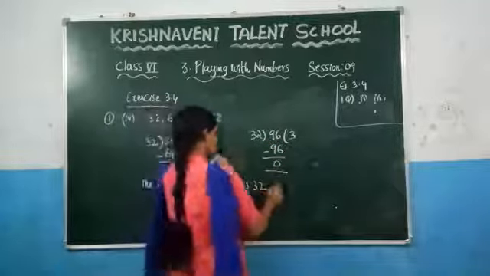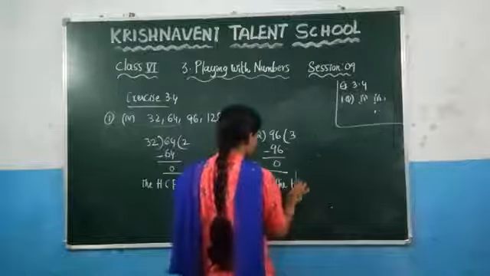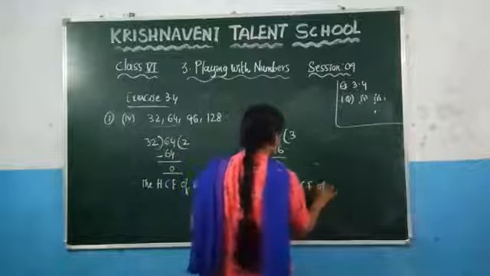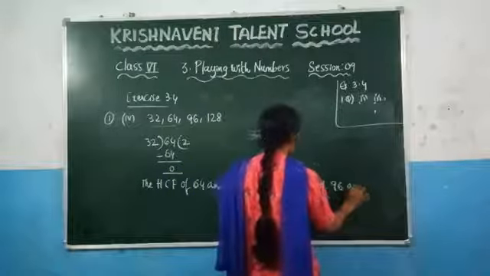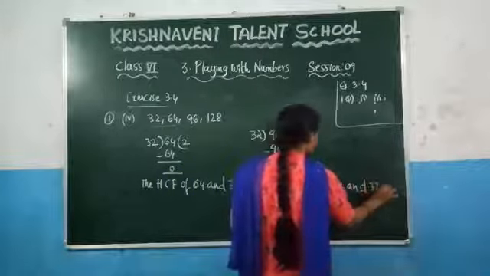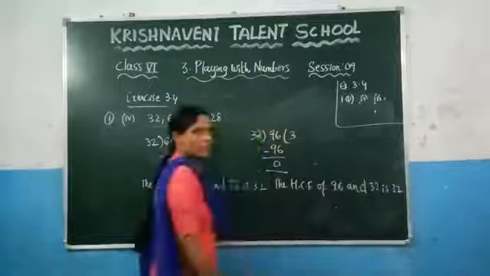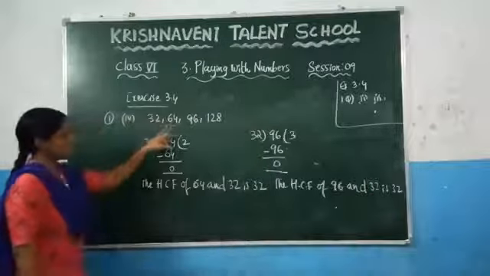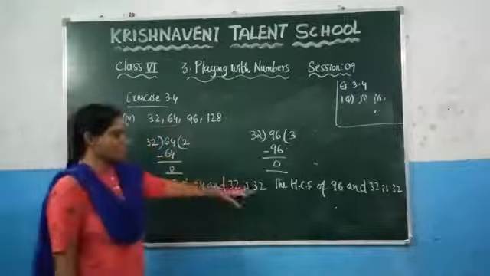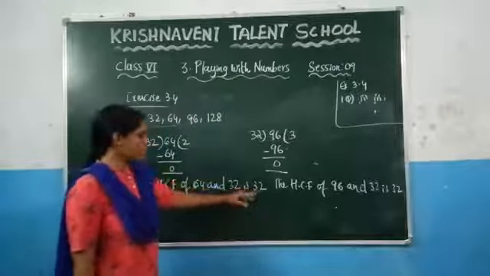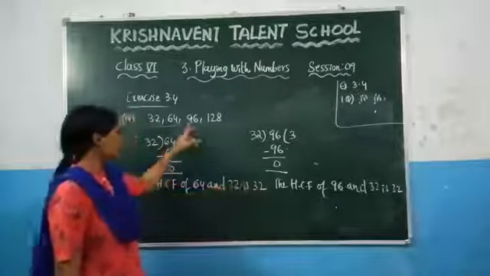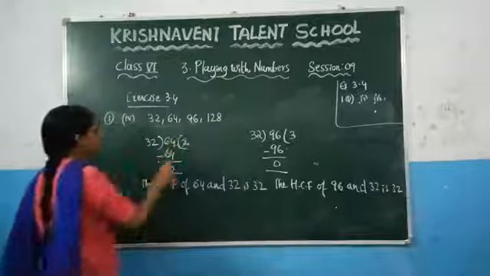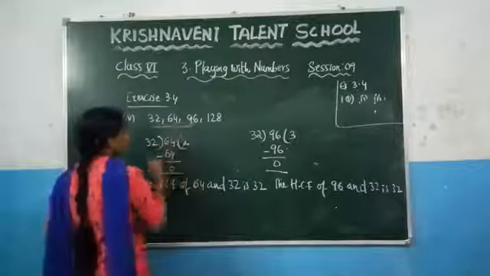So here again, the HCF of 96 and 32 is 32. So for the first two numbers we got the HCF as 32, and after that with this result we find the HCF of the next number, so that we get the HCF of the first three numbers.